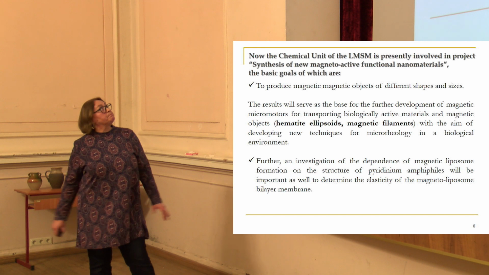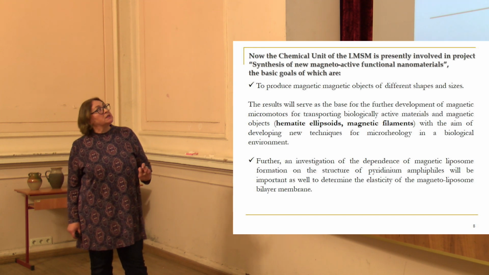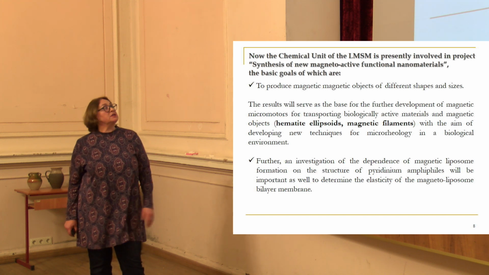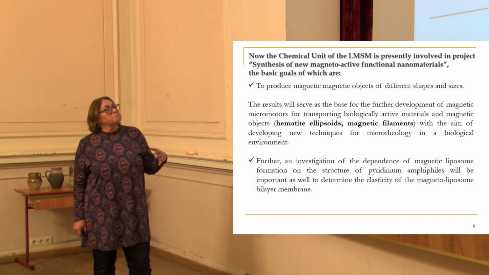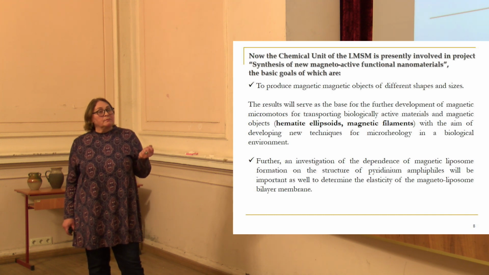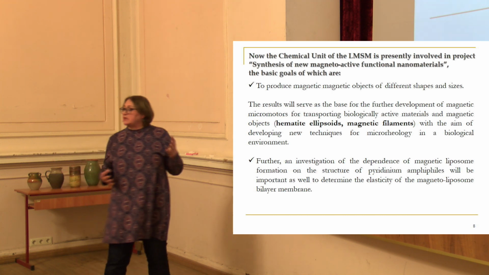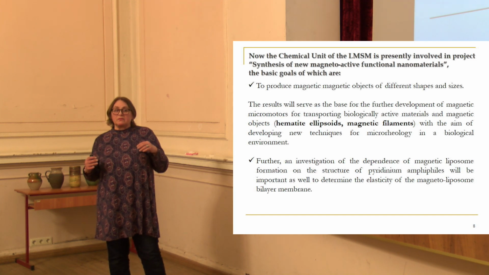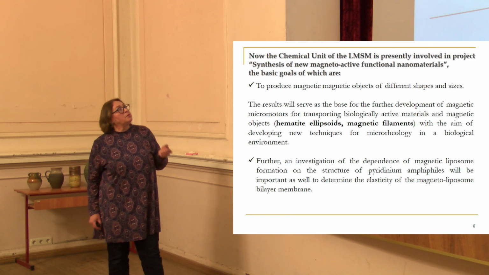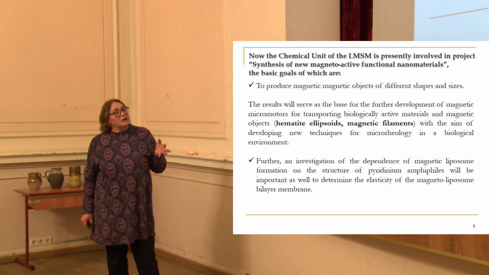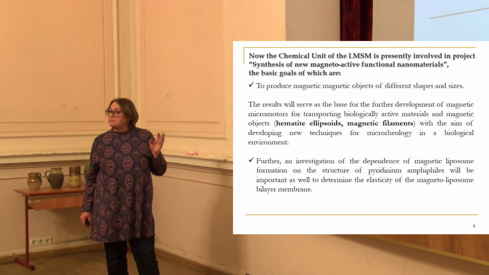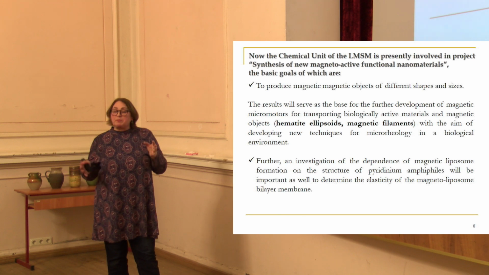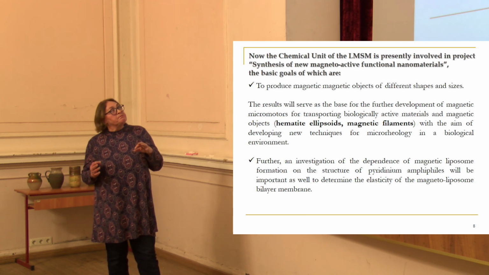So now in the chemical unit we are executing a postdoc project, and actually it is a continuation of my preliminary work, only with more tasks. For example, I must produce new magnetic objects with different nanoparticles of different shapes and sizes.